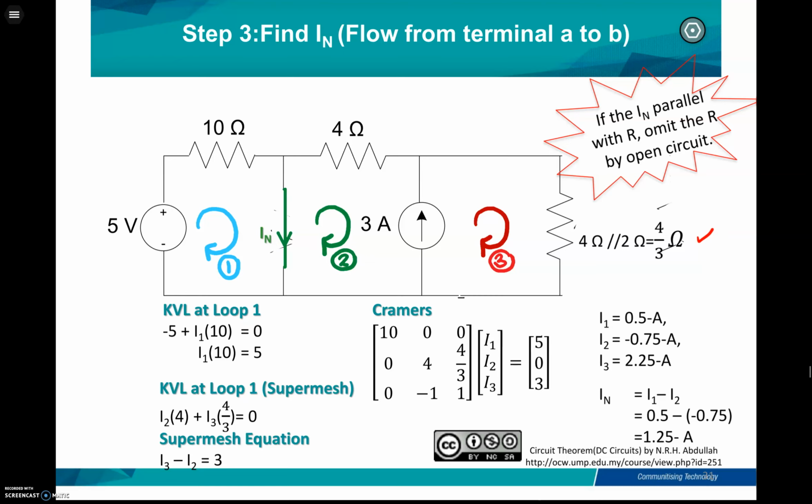Make sure that when you parallel something, the question being asked is not related to that R. As you can see, the question needs you to find the current in here. So the resistor at the right of the circuit can be simplified.